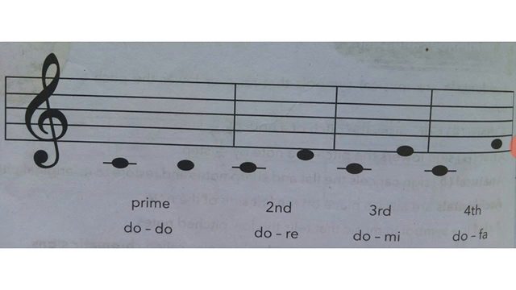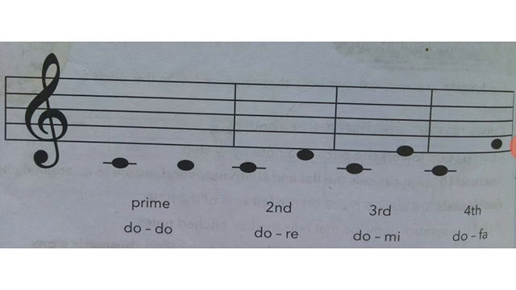Next is second. So second is do, re. It means that there is a two-step interval. So from do, you will start counting from do, then re.